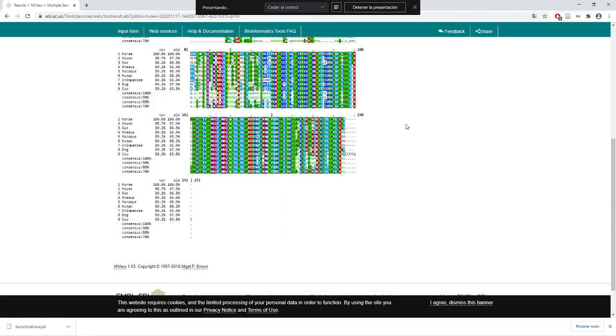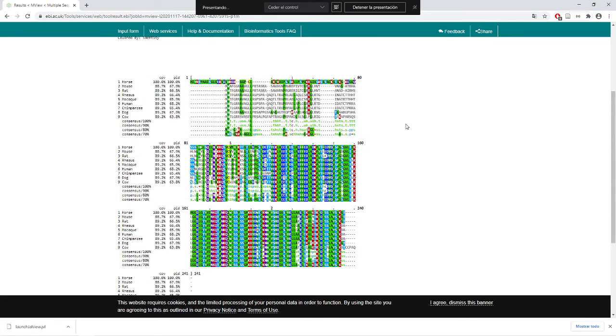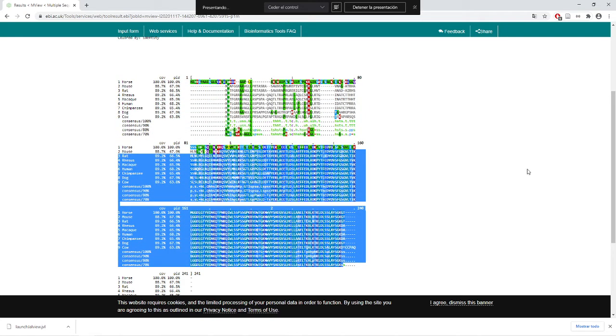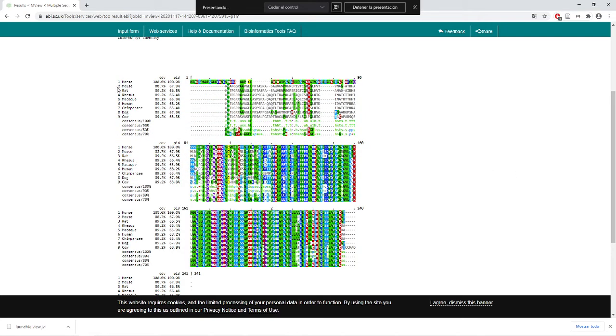Okay, in the closest mammals, you see that the protein is more similar than before. For example, the platypus is not here, so we don't have that long sequence without any alignment, and as you can see, more conserved regions between the species are obtained.